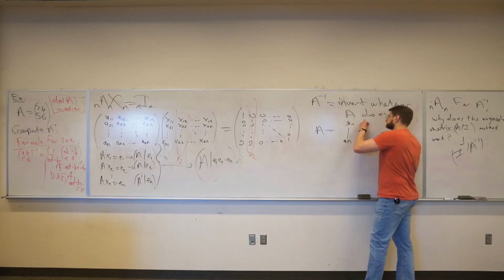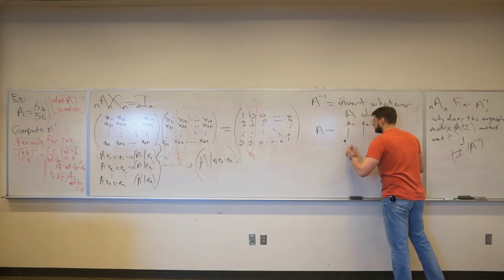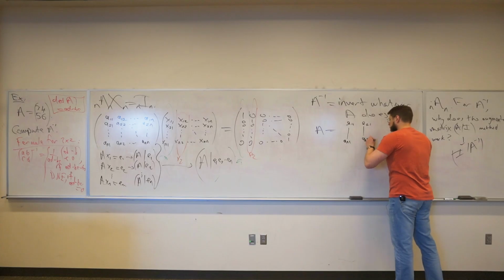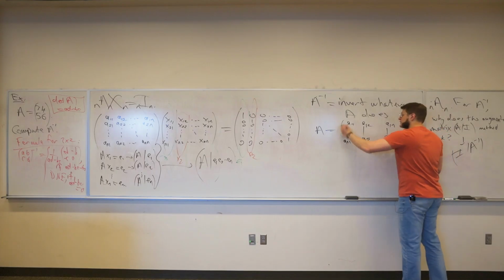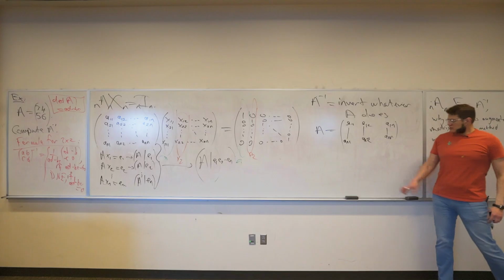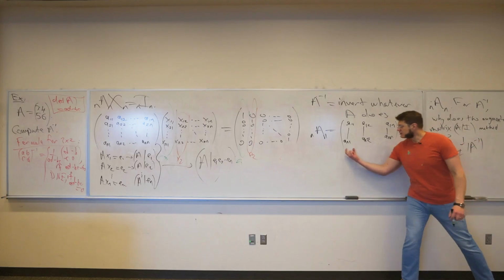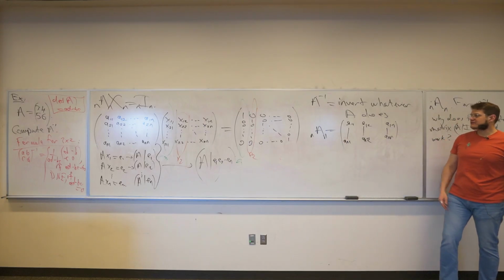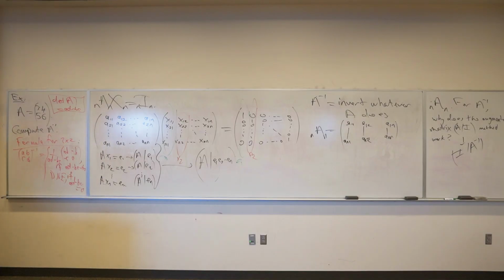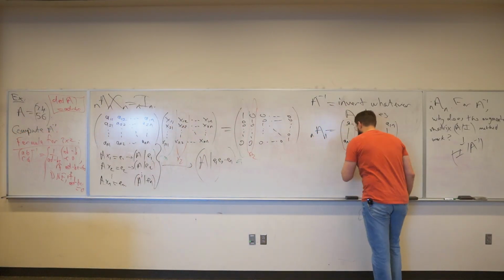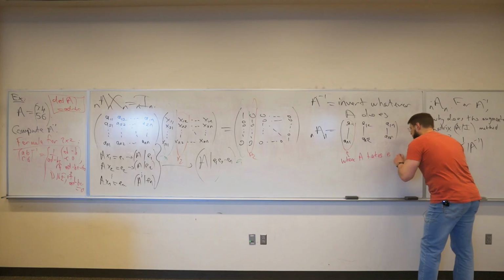Again, I have my n by n matrix A. Remember, one interpretation of this was, well, the first column of A is where A takes E1, this vector.